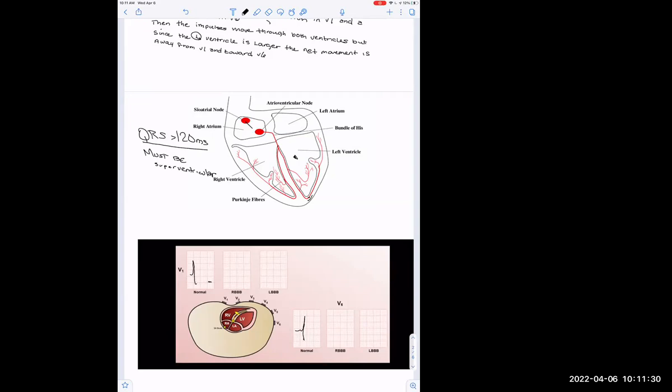If the impulse is initiated in the ventricles, that's going to be a ventricular rhythm, and of course, your QRS is going to be wide. So it's important to remember that your QRS has to be greater than 120 milliseconds, and the initiating impulse must come from above the ventricles. Okay. So let's look at a right bundle branch block.